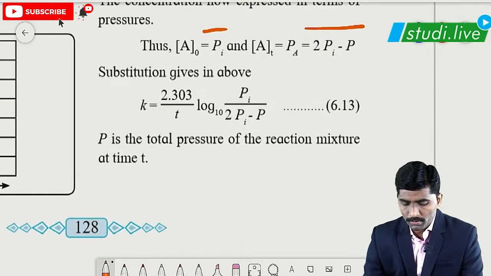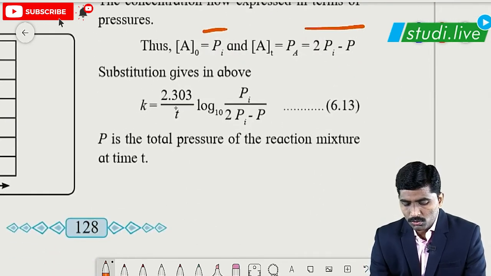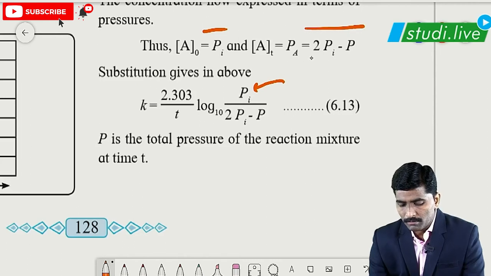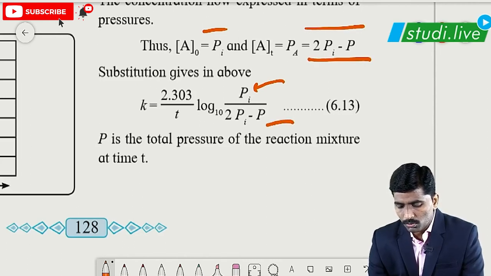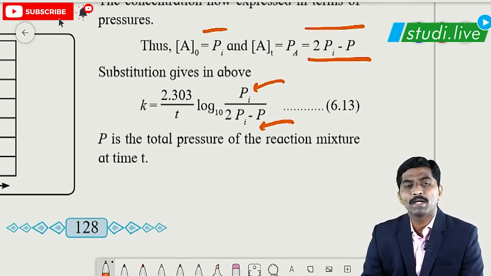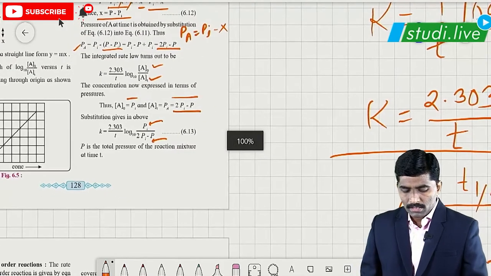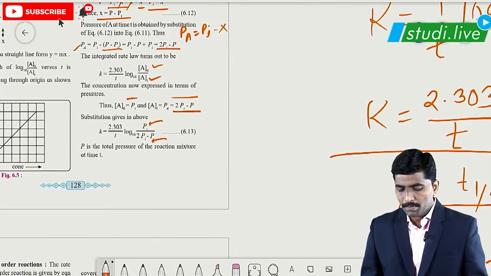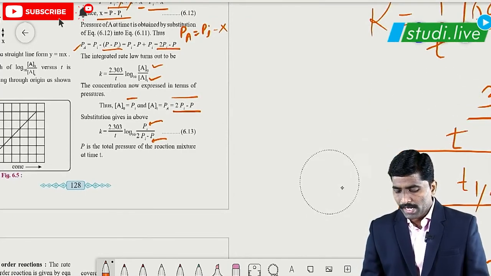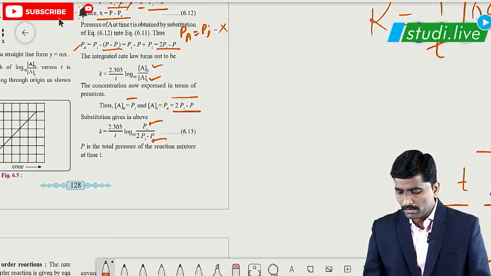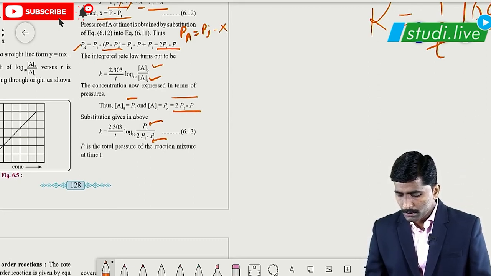So our expression becomes k equals 2.303 upon t log to the base 10 of Pi, instead of a naught, and 2Pi minus P, instead of a t. This expression will be used whenever reactants and products are present in the gaseous state of matter. I hope this is clear to all of you.